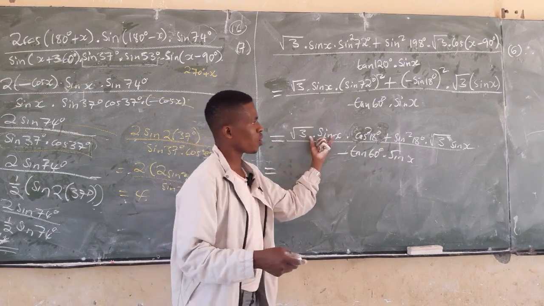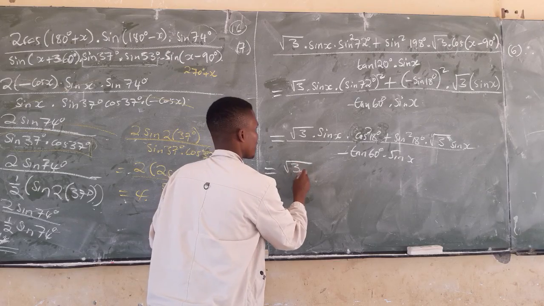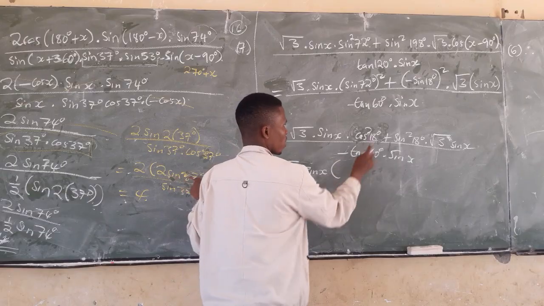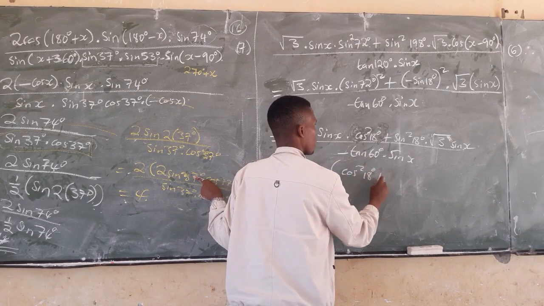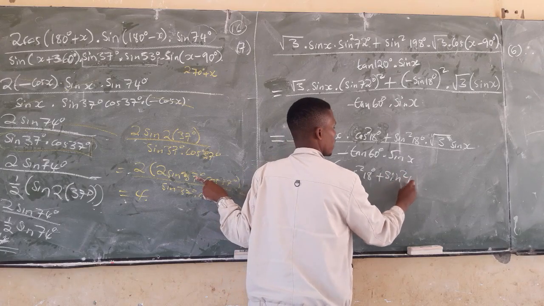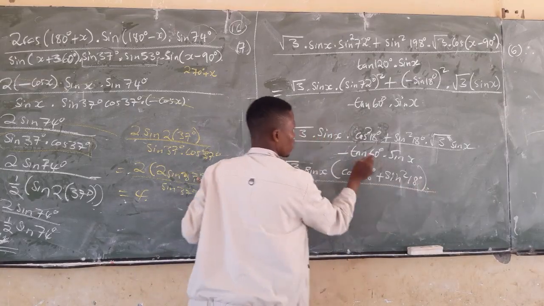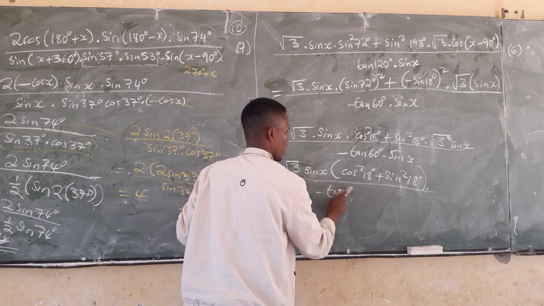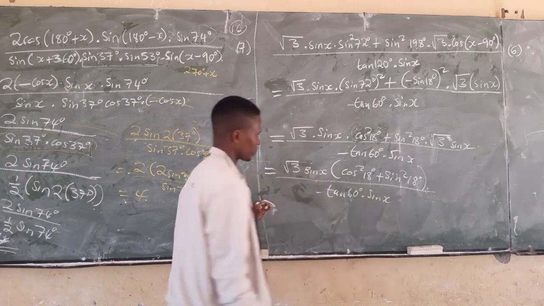Again, the common factor is going to be square root of 3 multiplied by sin x, into cos squared 18 degrees plus sine squared 18 degrees. Now, all over, what is this one? Negative tan 60 degrees multiplied by sin x.